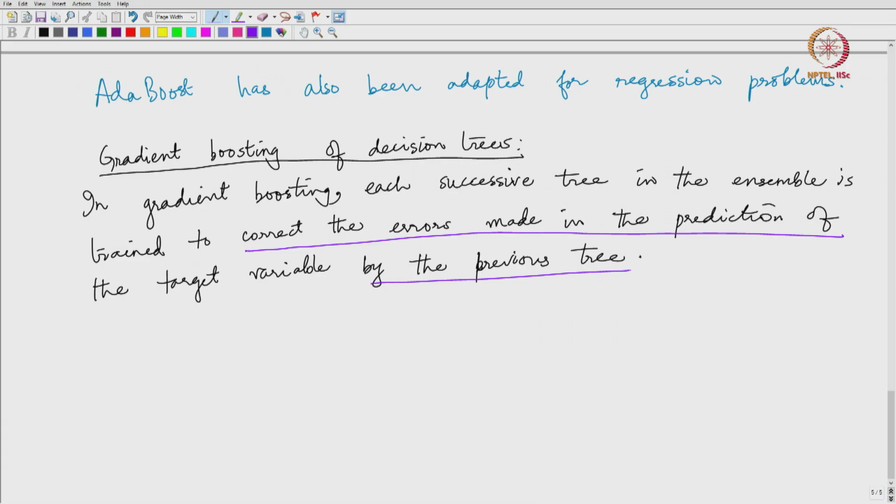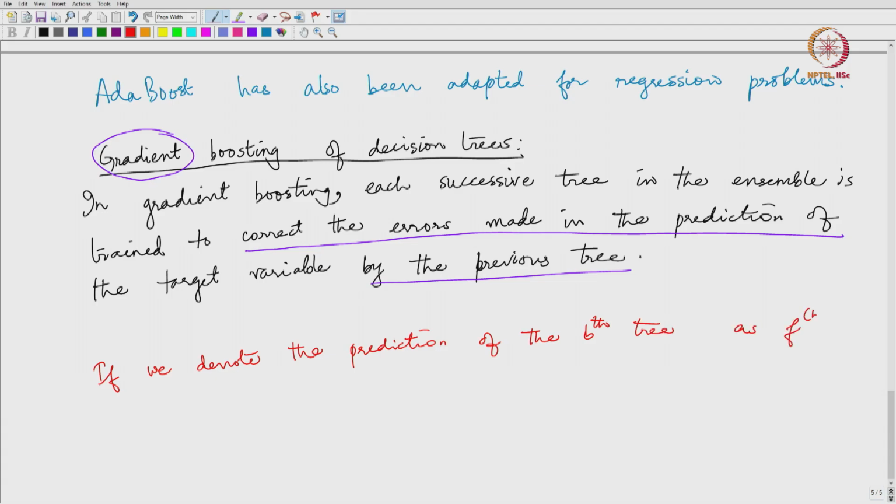Okay, and that all makes sense, but why is this called gradient boosting? So, let us try to understand that using the example of a loss function. Okay. So, if we denote the prediction of the bth tree as f_b(x), the error in predicting point i is basically called the residual.